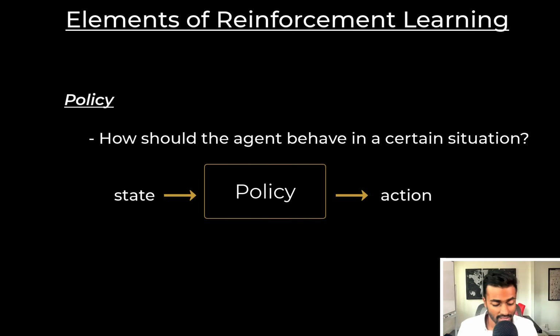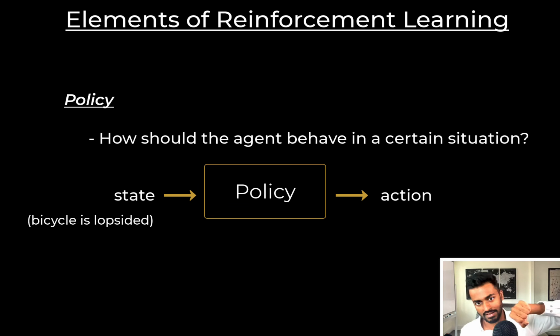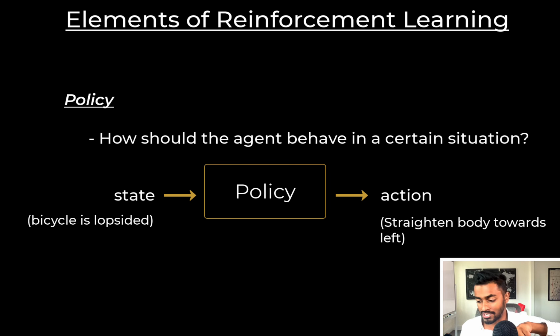So in this situation, more formally, the state would be that the bicycle is almost lopsiding. But during that state, your policy would be, given this state that my bike is lopsiding, I will choose the action of straightening my body towards the left. That is the action that you perform, and hence that is your policy.